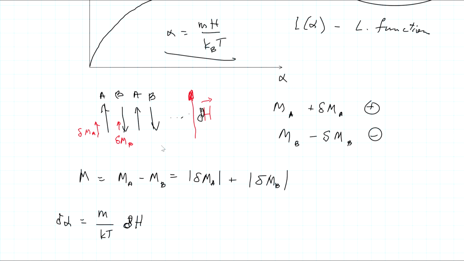Now that can be written as m over kT, H minus gamma delta MB. A is already magnetized along that direction, and all we do is we change B and we add it to A, delta MB.